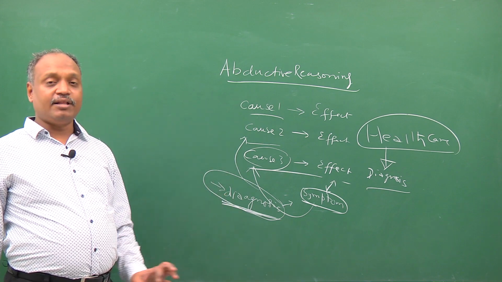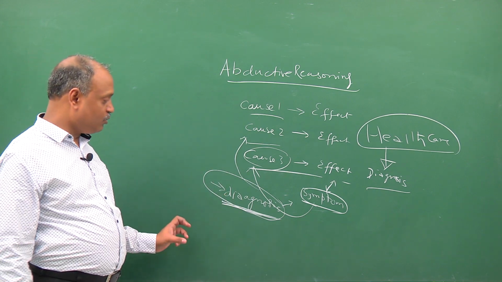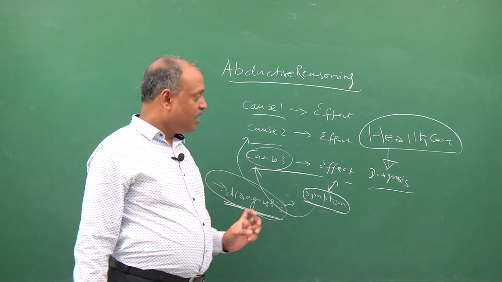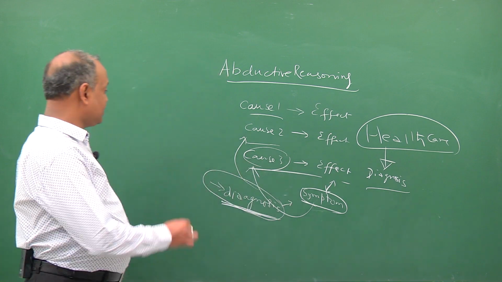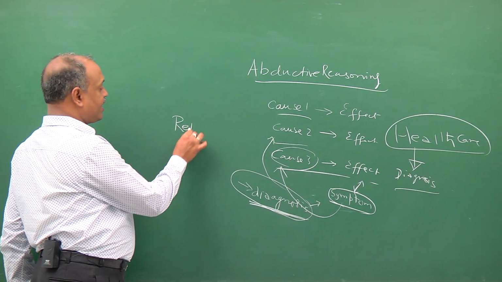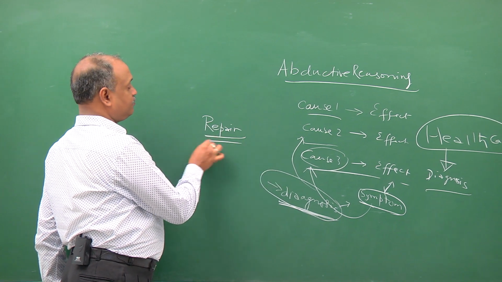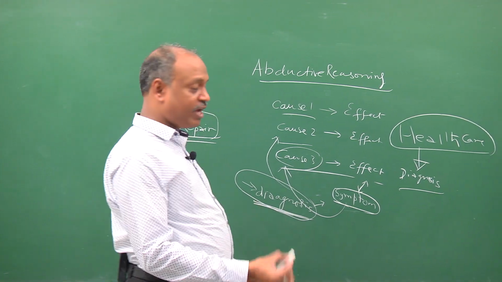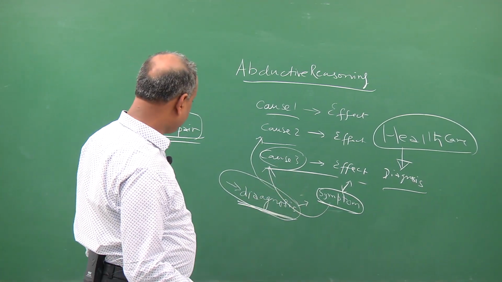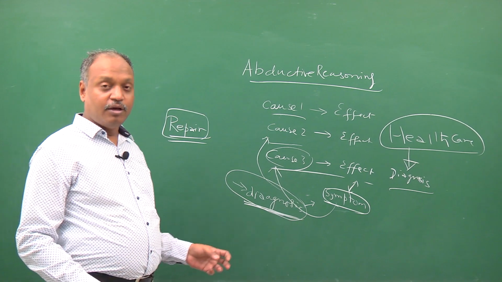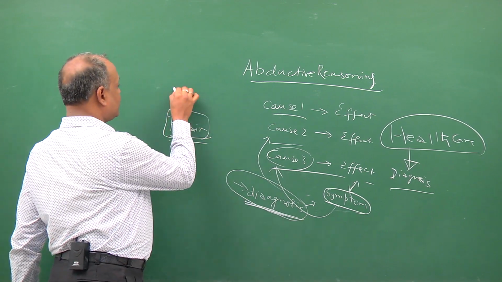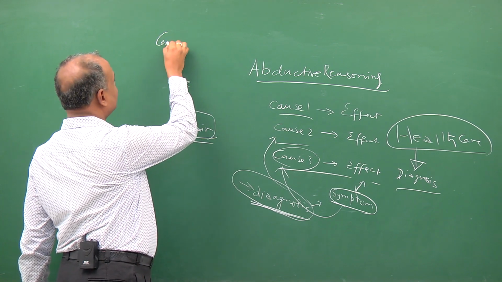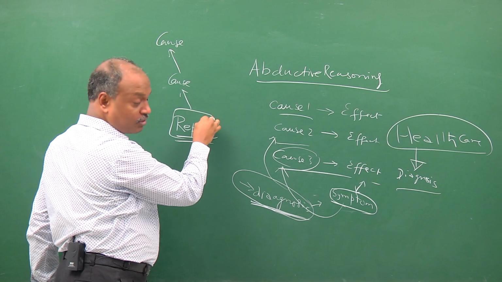In addition to healthcare, there are other scenarios where we need to carry out intelligent diagnosis via abductive reasoning. For example, wherever there is a question of any kind of repair, where you're seeing some kind of a symptom which is related to failure, or some machinery not working, or some IT system not working, you have to find out the potential cause or root cause, or it could be a cascaded cause which is causing another cause which is causing another repair.